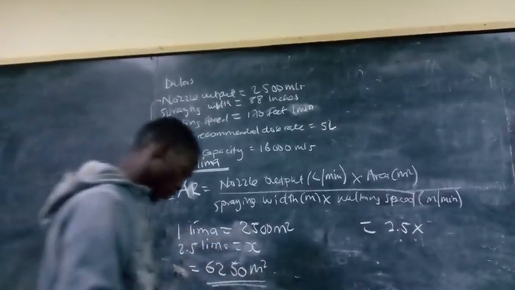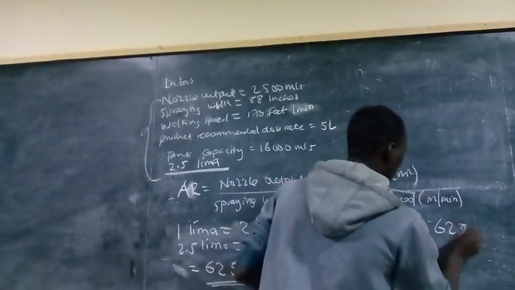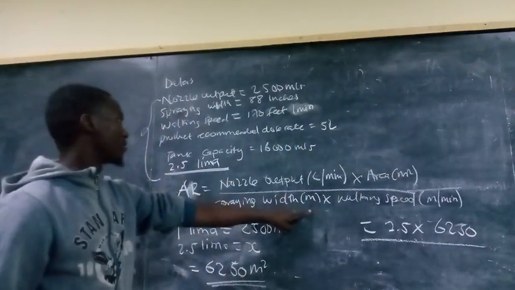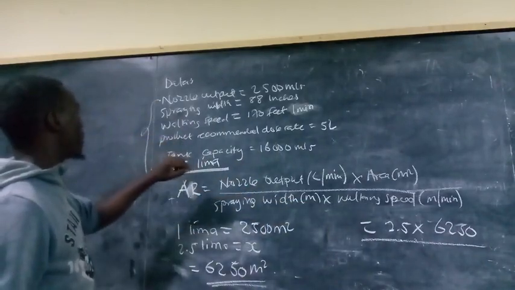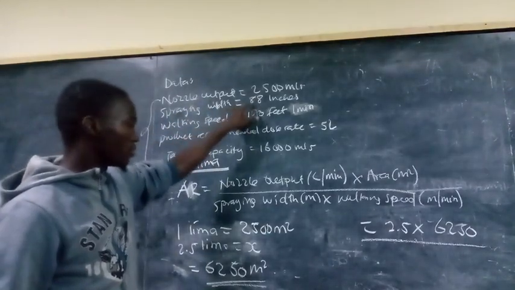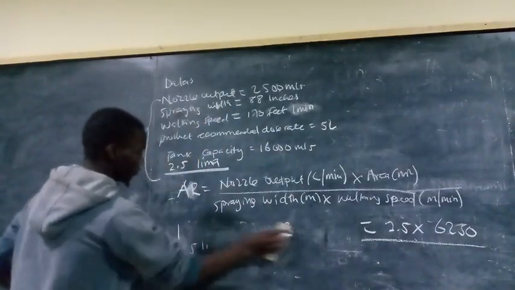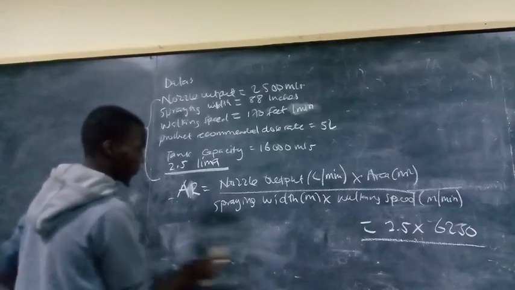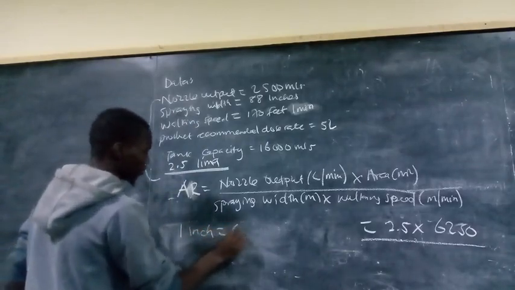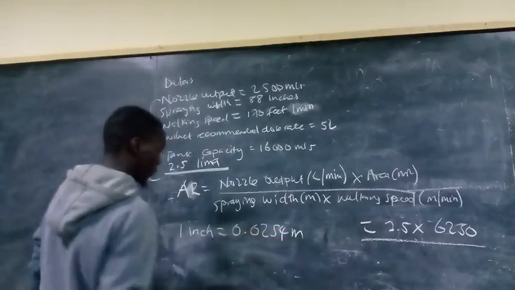So we're going to use our area as 6250 divided by our spraying width, which is supposed to be in meters, but our spraying width is in inches. So this means I have to take the conversion from inches to the meters that we need. 1 inch is equal to 0.0254 meter.